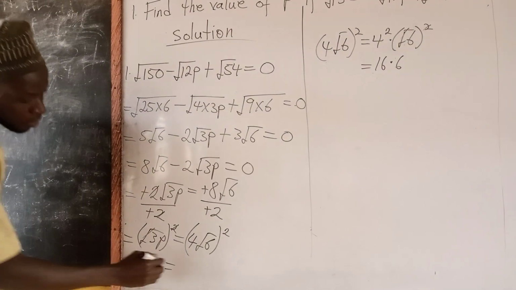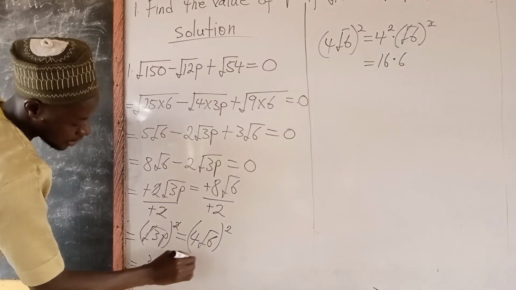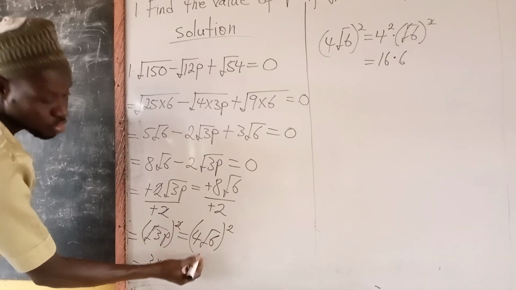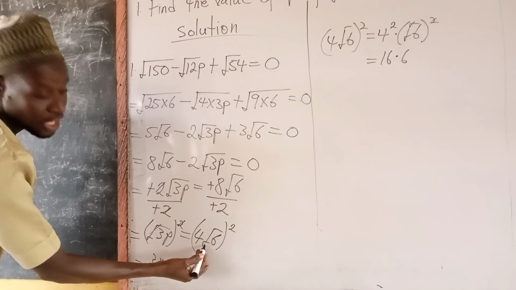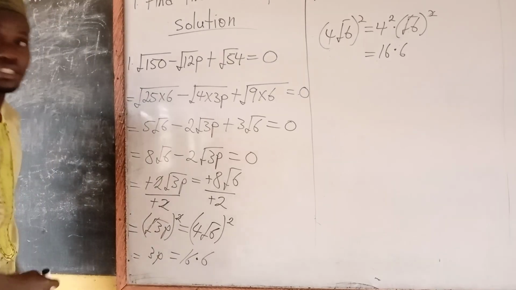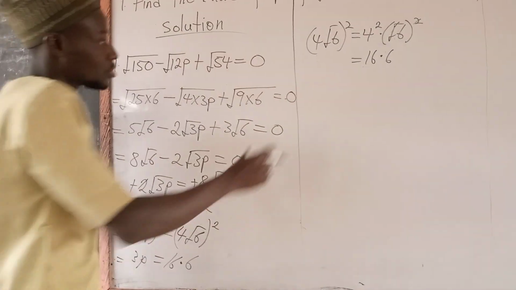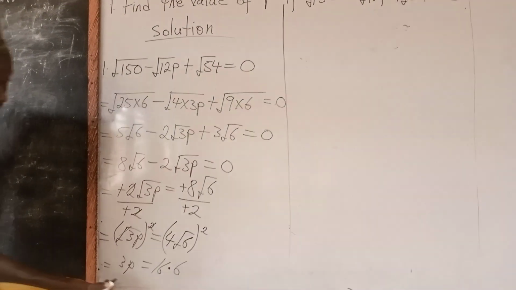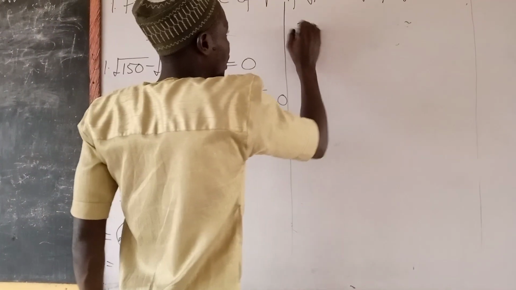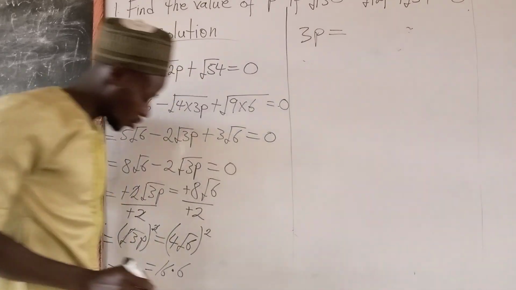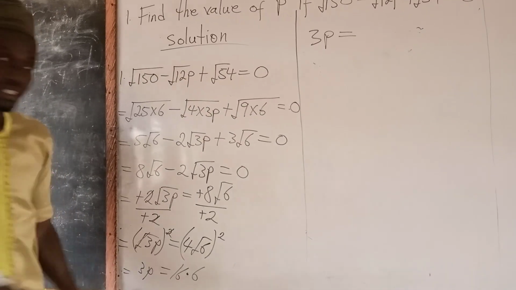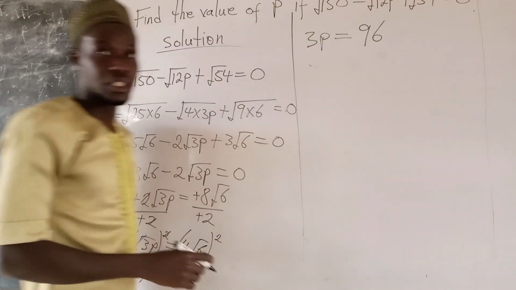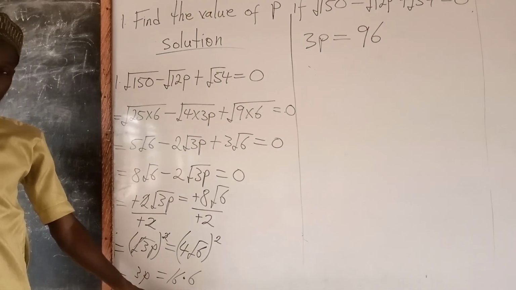So continuing from here, you now have 3p being equal to 16 times 6, which will give us 96.